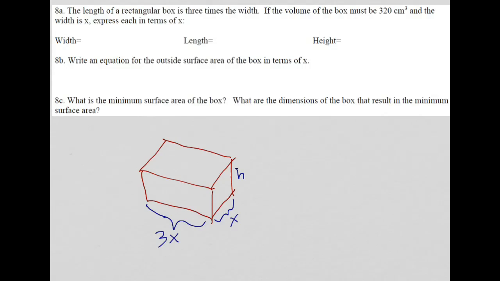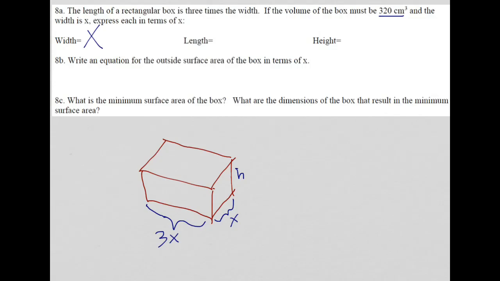But here's what I do know. I do know that the volume has to be 320 centimeters. And the formula for the volume of a rectangular prism such as this one is the area of the base times the height. Kind of like the classic area of a rectangle formula, base times height, or length times width.